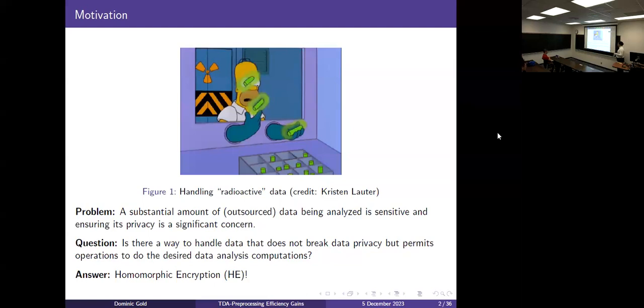The way I'm thinking of this, and I love this picture, I saw it once in a talk from Kristen Lauder, who's currently at Meta, is the idea that cryptographers have had since 1980, where we want a way to protect the person handling it because we think of this data as actually radioactive. It's really dangerous to expose to the world, and especially to you, because you have no idea what type of effects it might cause. So what are these barriers that protect Homer Simpson here in this picture against the uranium? We are thinking of homomorphic encryption.